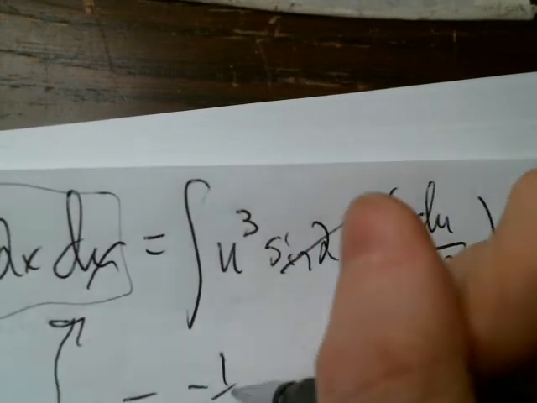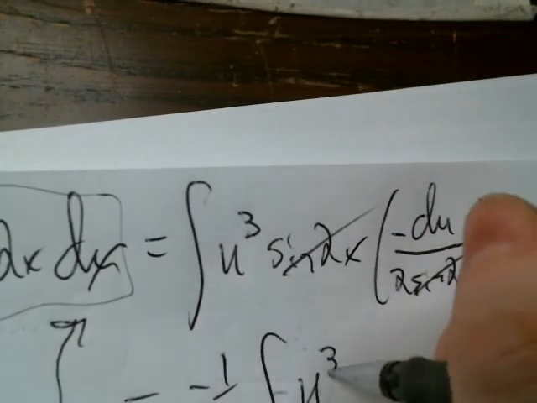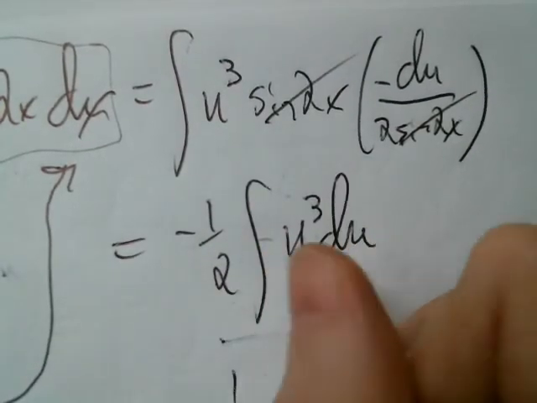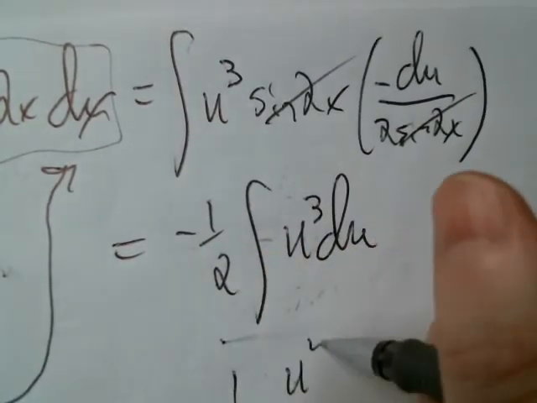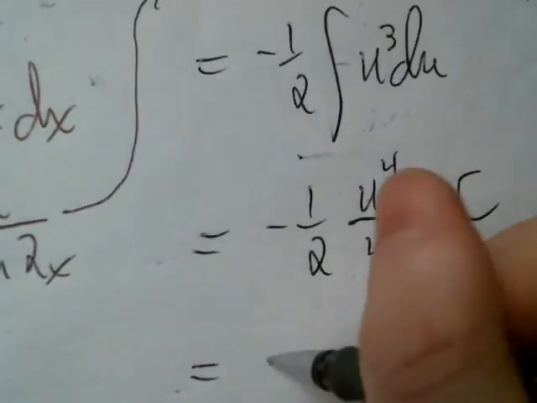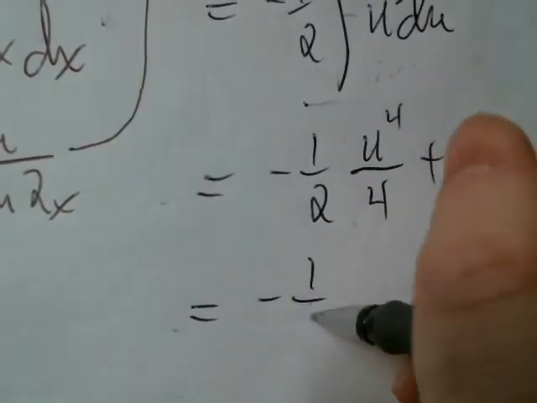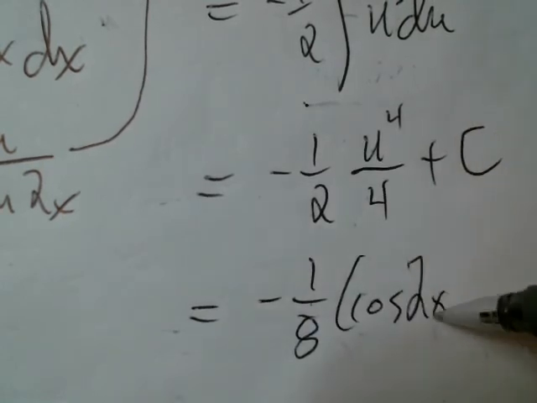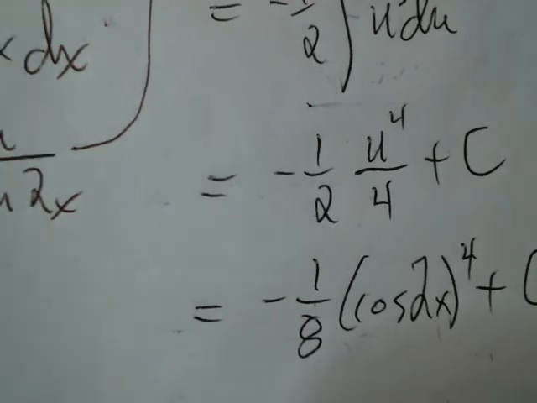You'll get negative 1/2 integral of u cubed du. Okay, and then that's equal to negative 1/2 u to the 4 over 4 plus c. And then you back substitute, so you get negative 1/8 times cosine of 2x to the 4th plus c.